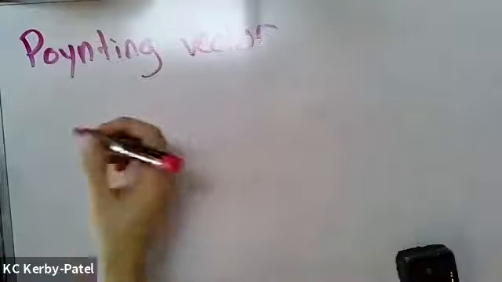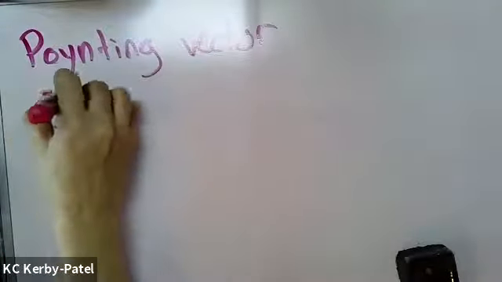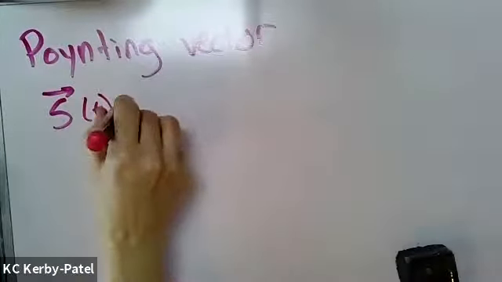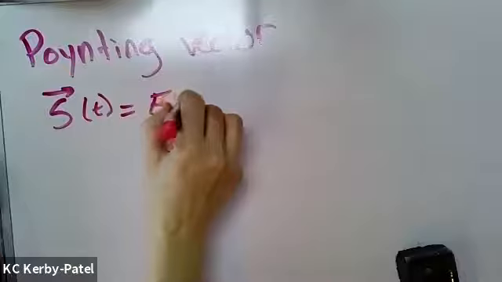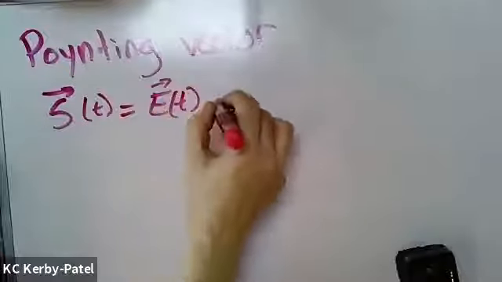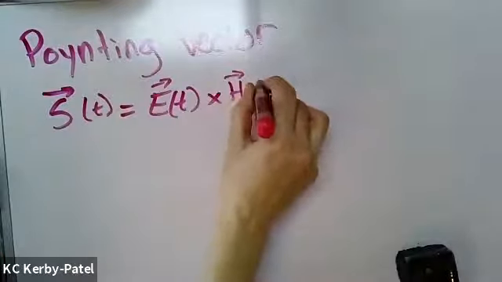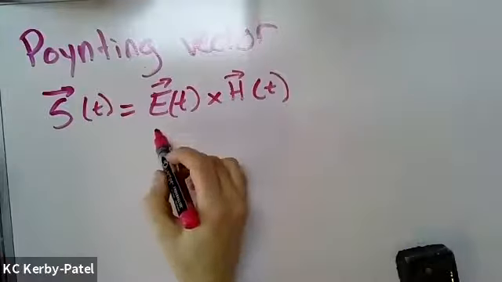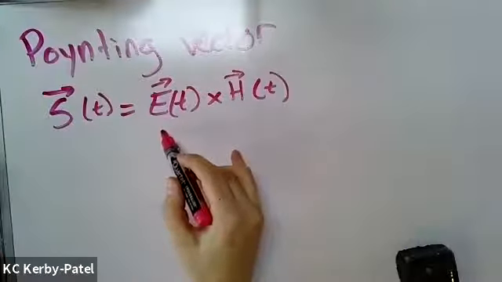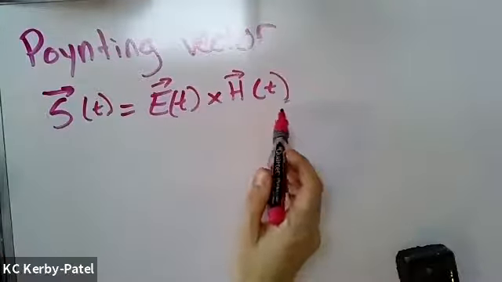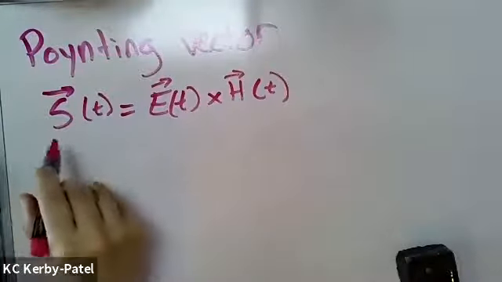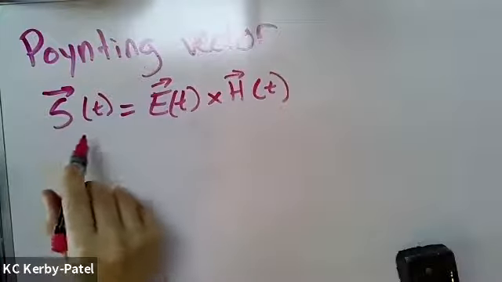So for an electromagnetic wave, the Poynting vector, for which we use the variable capital S as a function of time, is the cross product of the electric field and the magnetic field. This means that if these are time harmonic, this is a cosine at some frequency omega, and this is a cosine at some other frequency omega, the product is going to have a DC part, and it's also going to have a frequency of 2 times omega.